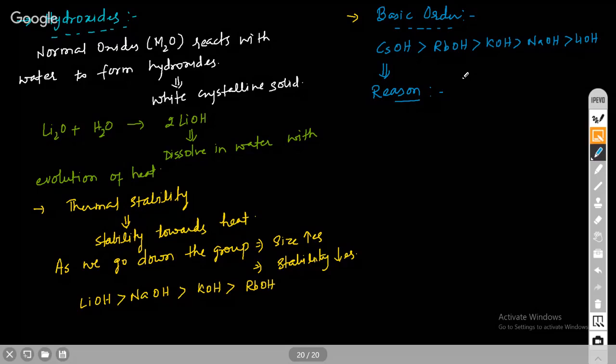Okay, so the basicity order you write down, it increases down the group. So that's what I have written here. Basicity order increases down the group. Next, write down carbonates and bicarbonates.